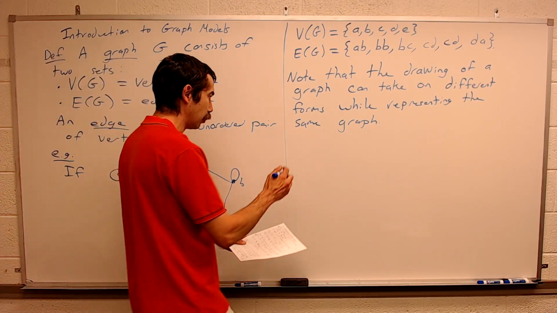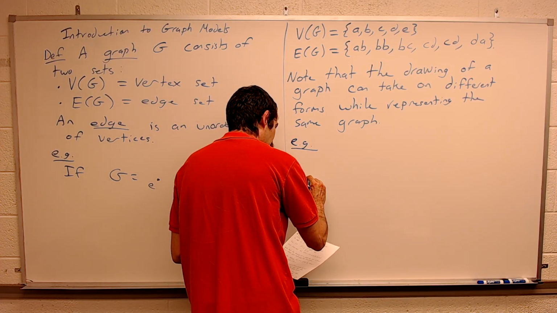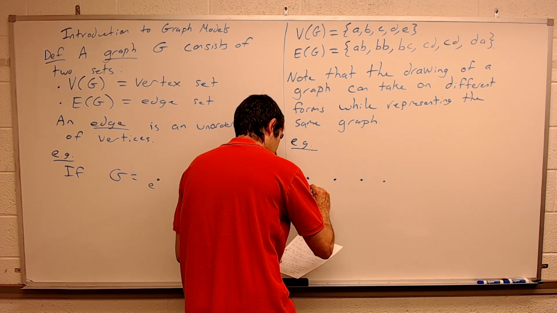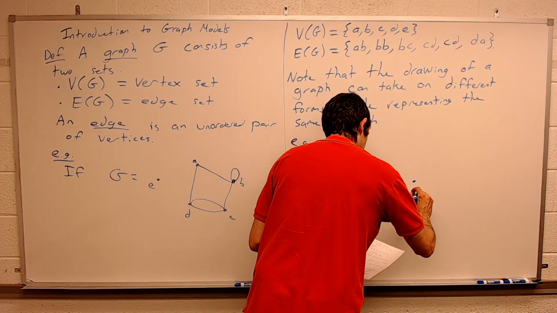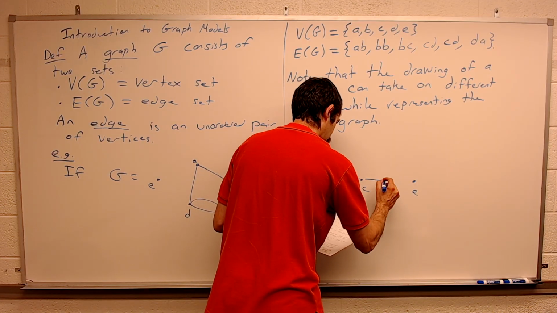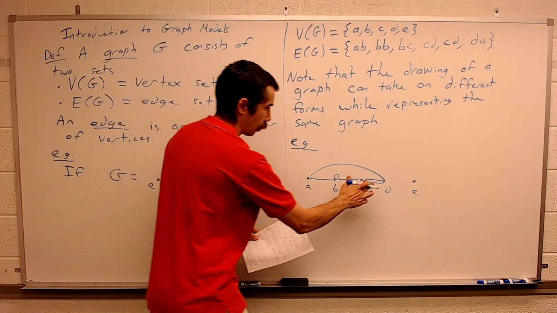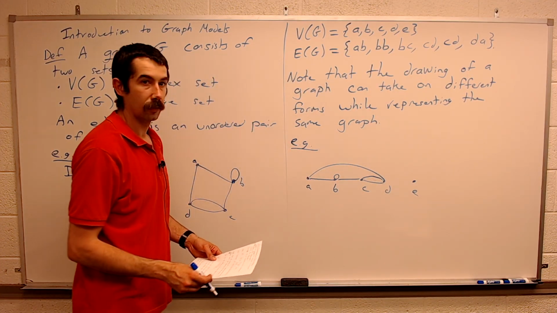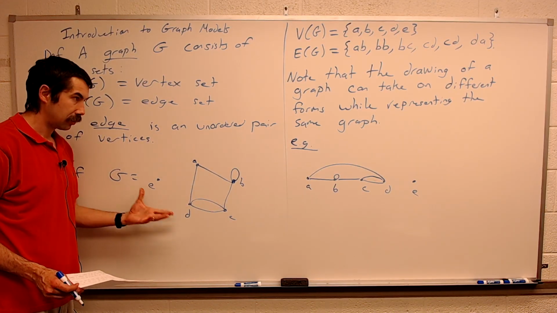Okay, so for example, if I have the following graph with 5 vertices. All right, so this graph here is actually the same thing as this graph.